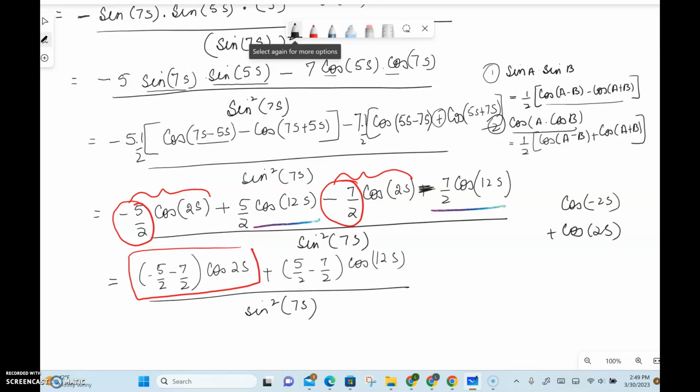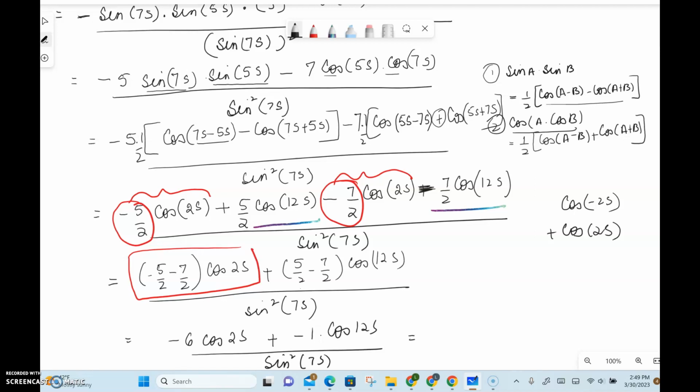This is equal to negative 12 over 2, which is negative 6 cosine of 2s, plus, and this is negative 2 over 2, so that's negative 1 times cosine of 12s, the whole divided by sine squared of 7s. So that's equal to negative 6 cosine of 2s minus cosine of 12s, the whole divided by sine squared of 7s.